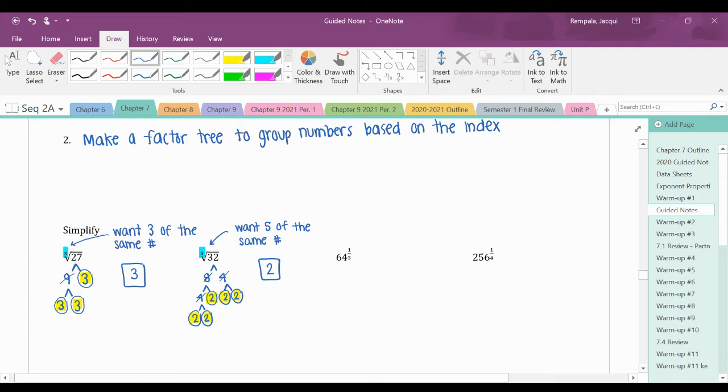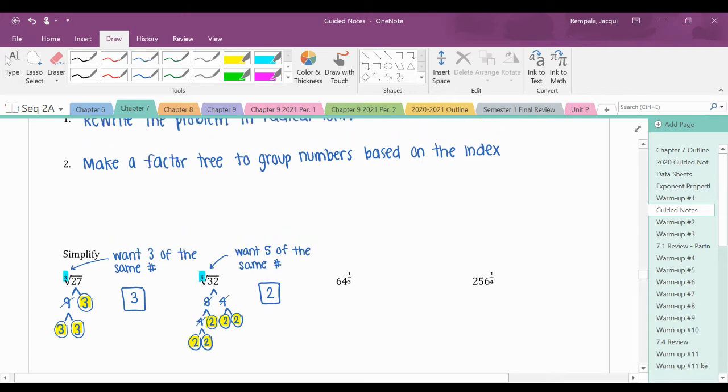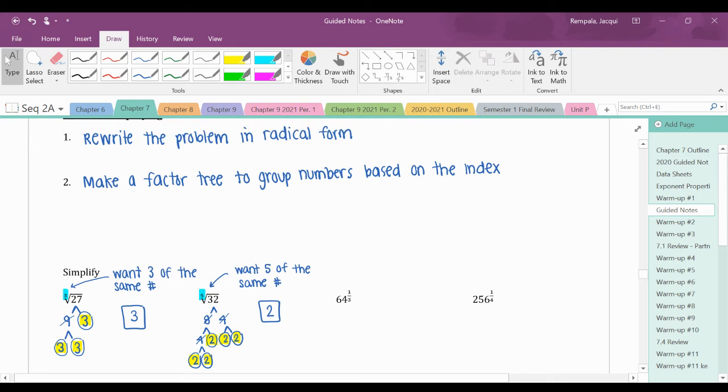If we take a look at this next one, 64 to the 1/3 power. This time, it is not written in radical form. I see an exponent. So that's what I'm going to do first. I am going to rewrite this as a radical. So the 64, which is the base, gets moved underneath the radical. That denominator was a 3.